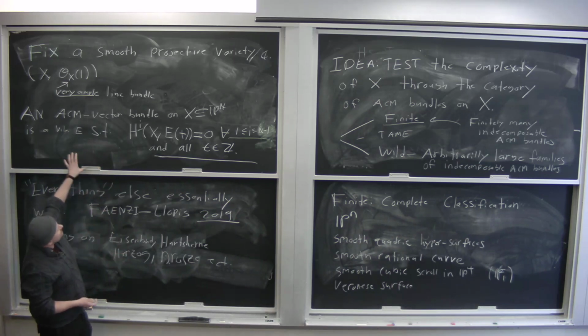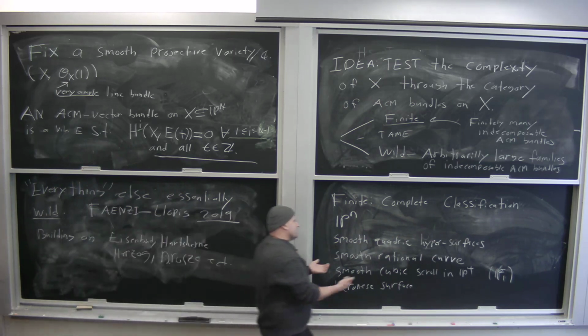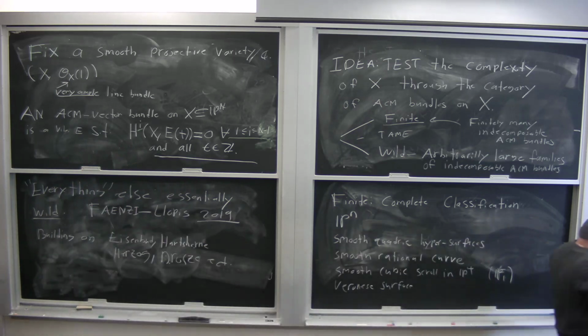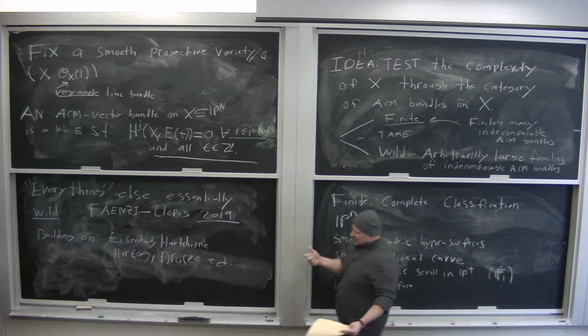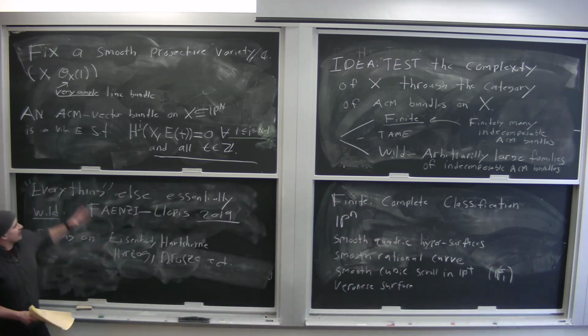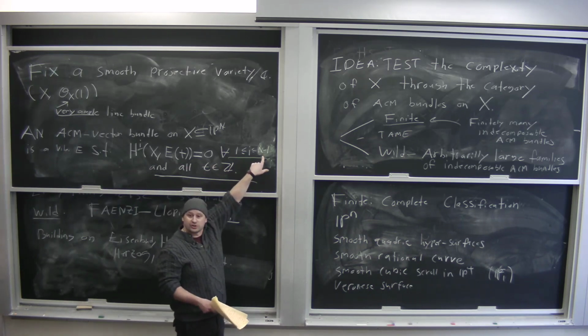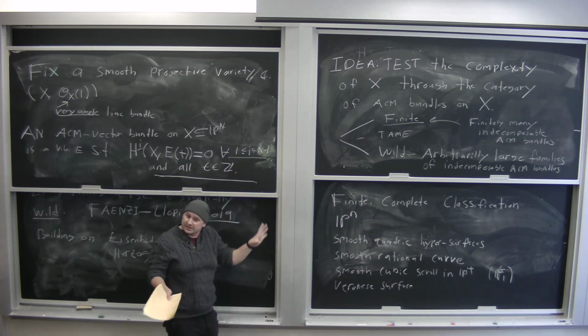It's a subfamily of all ACM bundles that has had an intense amount of interest, going back to Eisenbud and Schreyer in 1983, where they realized that if your variety has an Ulrich bundle, which is a special ACM bundle... What does Ulrich mean? It means that it's this plus the top cohomology also vanishes. That's one way of phrasing it.